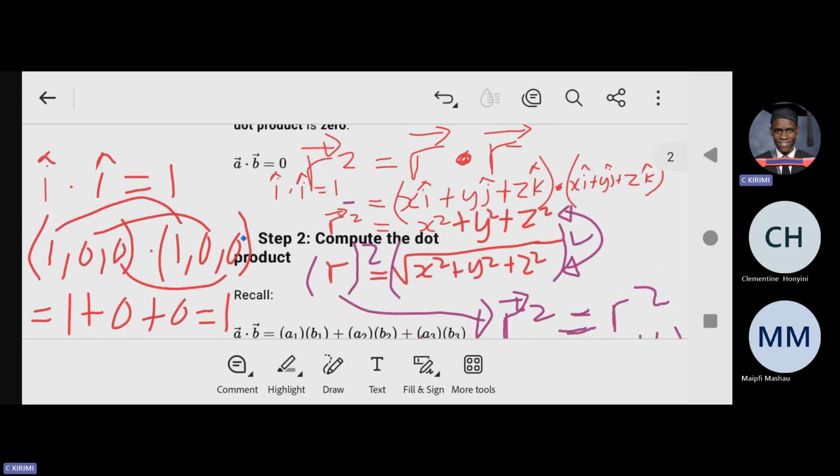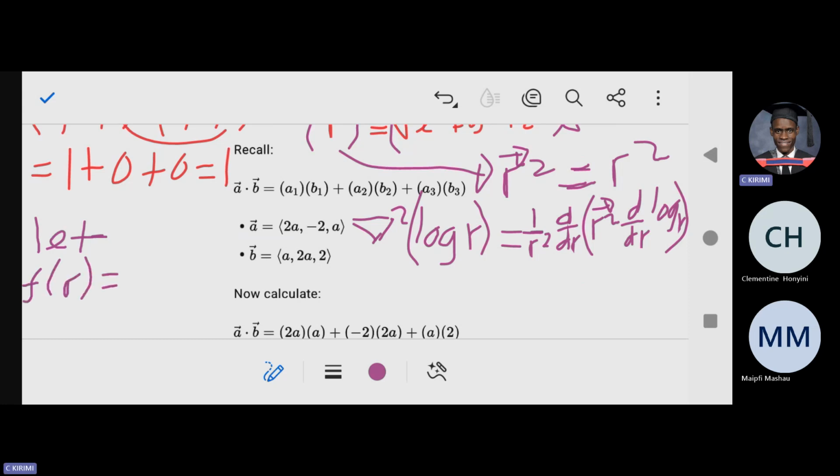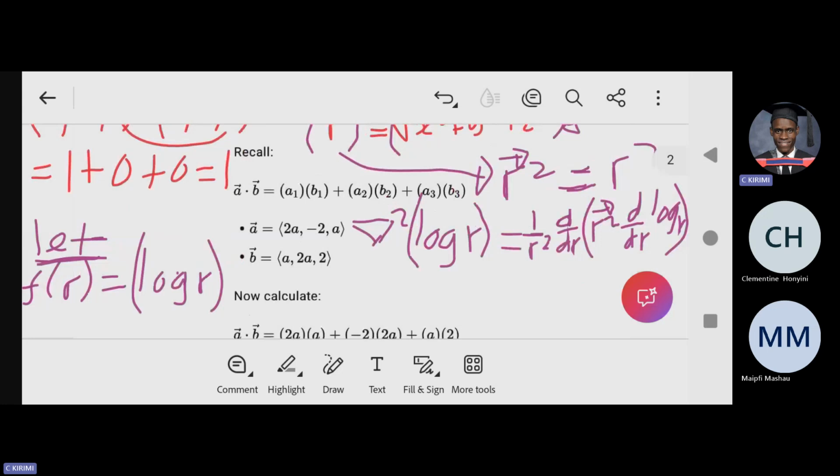So first you say, let f of r be equal to log r. That is your first assumption. This statement must be written down, so that wherever there is f, you replace f of r with log r. That's the function.